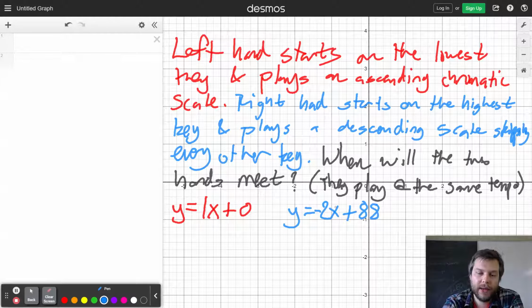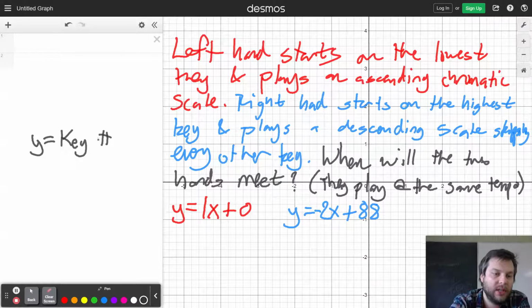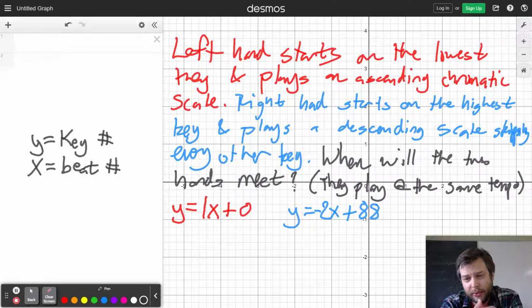And then this is a system of equations because I have two different equations in two different variables. And I should make sure to define what those two variables are. And so y is the key number, whatever key you are on, and x is the beat number. So when x is equal to 0, you can see that the red equation is at key number 0.